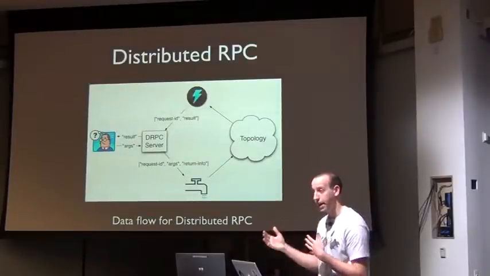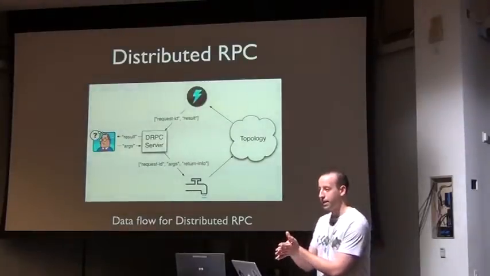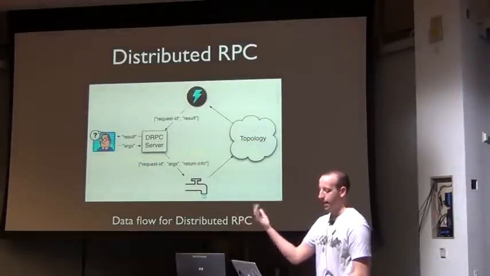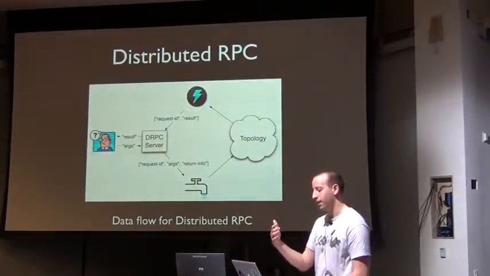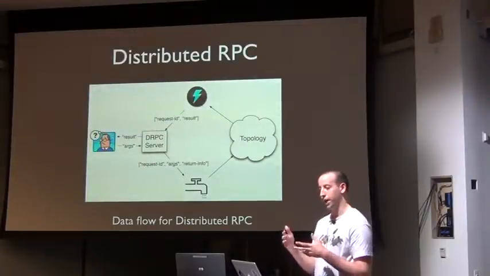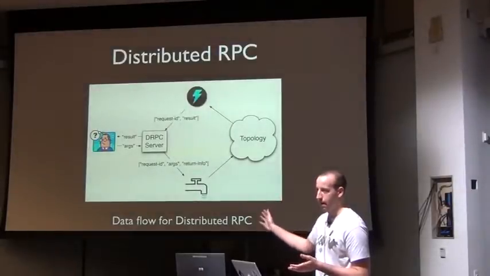Your topology does its thing to compute the function, and at the end, your topology gives the request ID and the result to a special bolt at the end. And then that bolt connects to the DRPC server, tells it, okay, here's the result for this request ID. The DRPC server maps that result to the waiting client and sends it the result. So from the client's perspective, it looks just like normal RPC, but it's actually executing asynchronously and in parallel in the background.